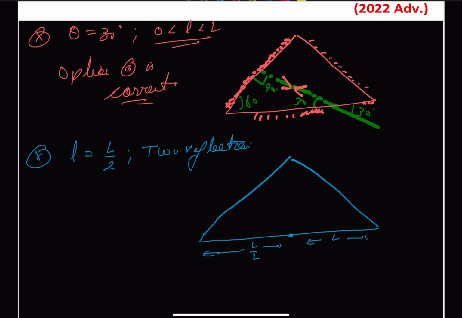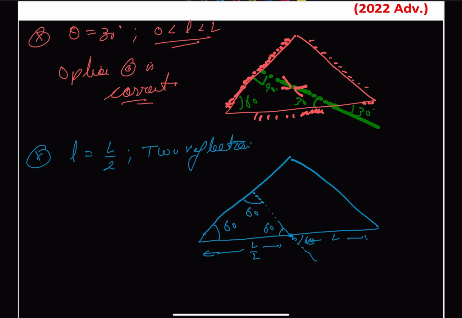And if the ray is incident at a certain angle, and it will be striking somewhere here, and this angle is 60 degree, so this angle will also be 60, and this will also be 60, and accordingly this is 60, so this angle will also be 60 degree.